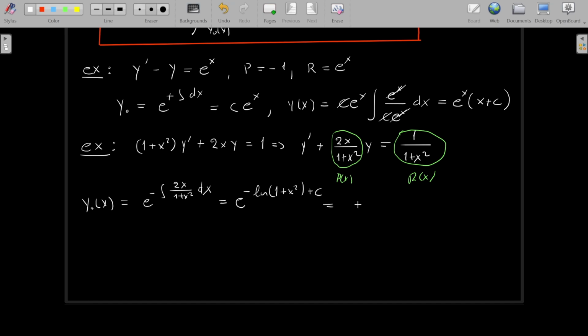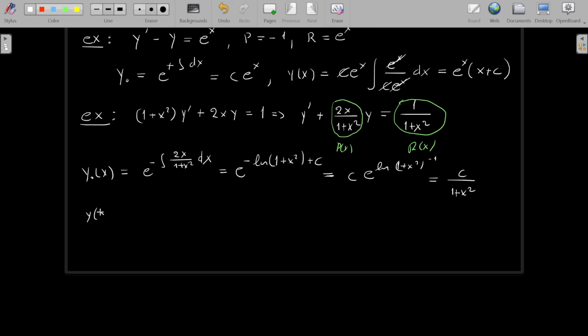Again, this is written as a constant, a different constant. Like we said, we have a lot of freedom when using this type of constants. This constant is not the same as this, but it doesn't really matter. And we have e to the ln of 1 plus x squared, so this whole term is going to cancel, leaving 1 over 1 plus x squared.